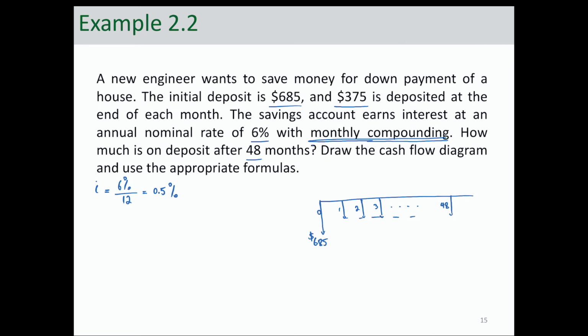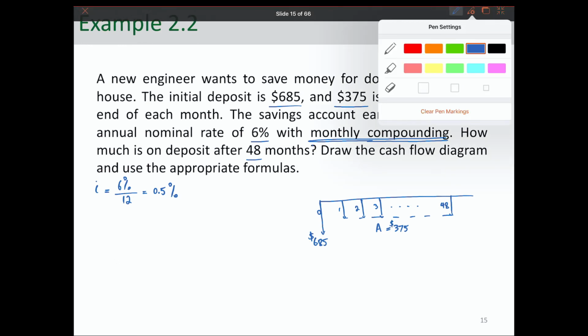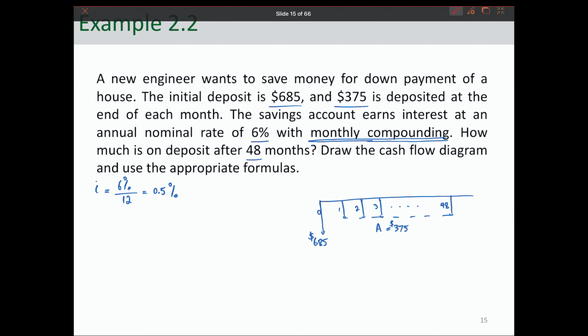And that is equal to $375. And what we're looking for is the future value at the end of the 48th period. What is that?